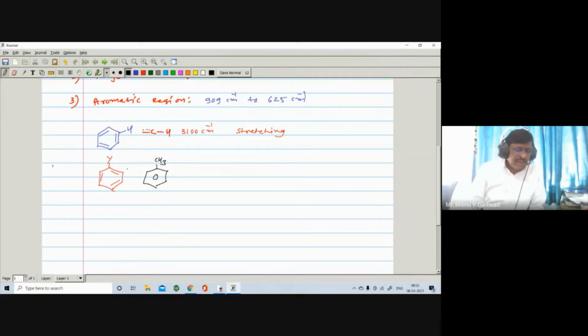Then, due to C-H bending of the carbon-carbon double bonds of benzene, it is a monosubstituted benzene.